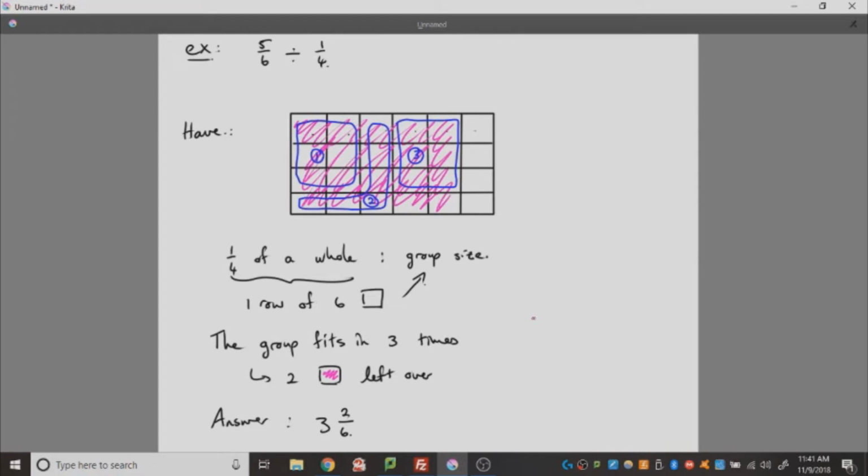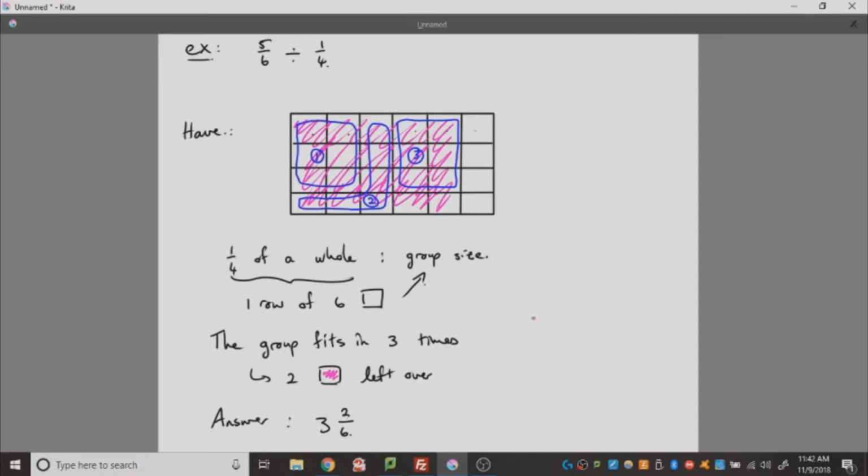Yeah. The whole rectangle. Yes, because I'm just trying to relate what is 1/4. And just in general, there's always an attached piece of a whole rectangle.